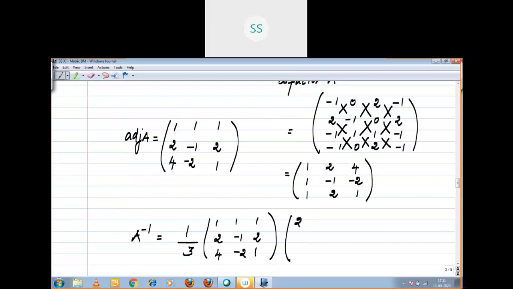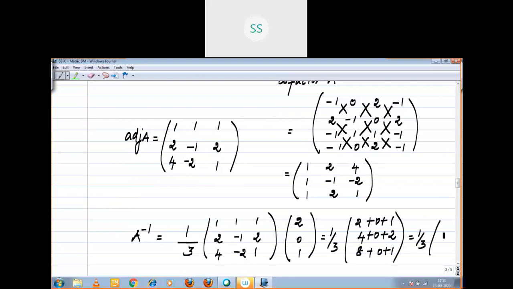Then into 2, 0, 1, which is equal to 1 by 3 into 2 plus 0 plus 1, 4 plus 0 plus 2, 8 plus 0 plus 1, which is equal to 1 by 3 into 3, 6, 9. Right? This is your A. Sorry, this is your X.